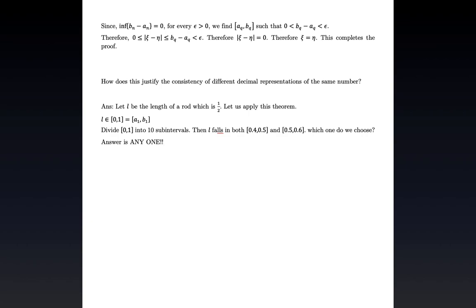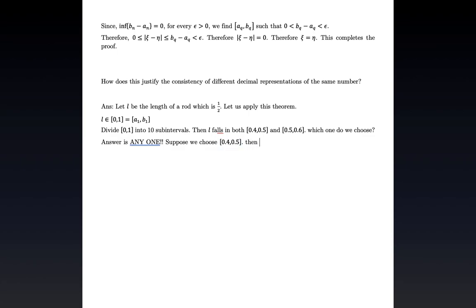Anyone we choose. Suppose we choose the first one, 0.4 to 0.5.